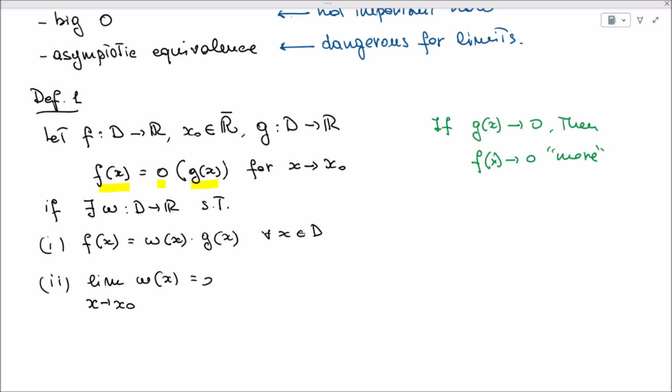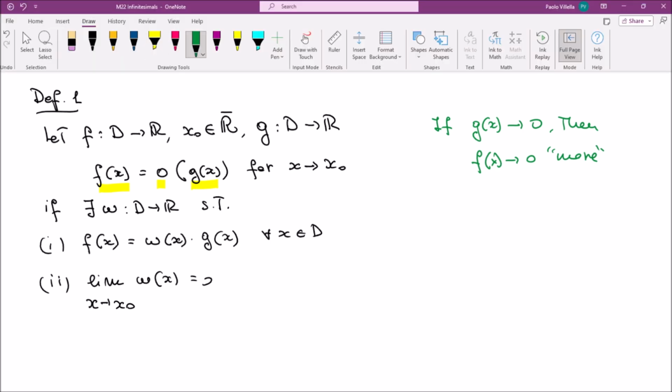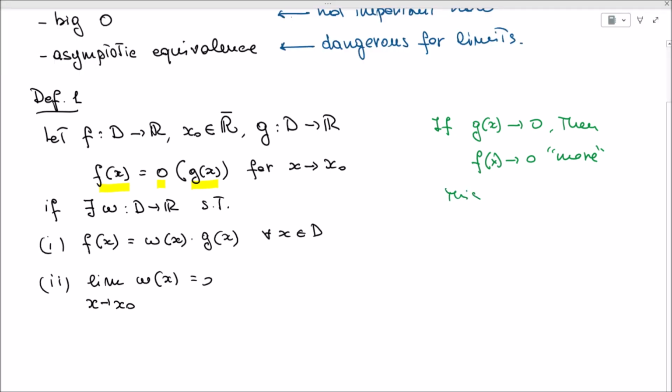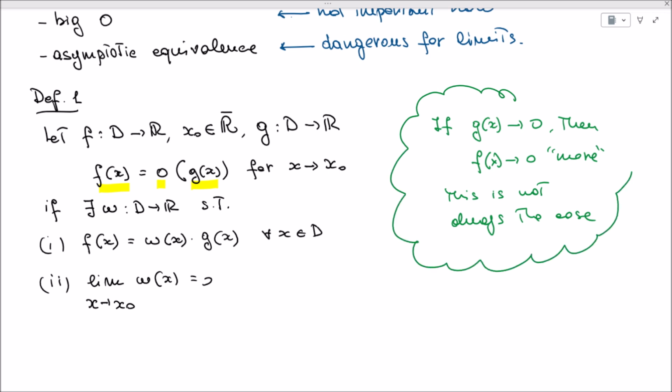However, this is not always the case. We'll come back to this later. This will become more clear later. For the time being, we have just a definition of what small o means.